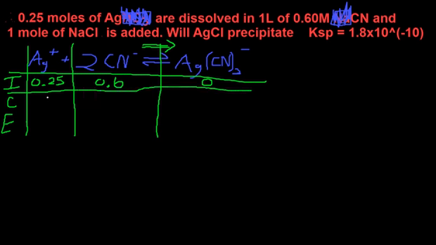Okay, so now it's going to go to completion. So it's going to take up all of these silvers, because it's the limiting reactant, and you all know what that is. And that means that we subtract 0.5 from here, because it takes up twice as much, and it's going to add 0.25 over here.